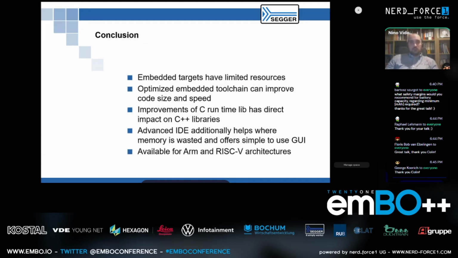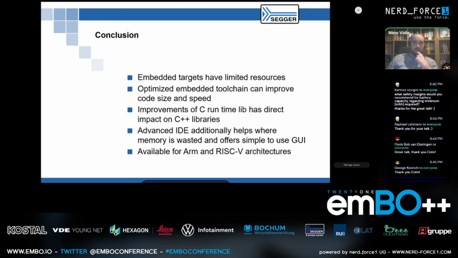So as we all know, every embedded target has some kind of limited resource, either its speed, memory, or all of the above. And we want to use this resource as efficiently as possible. And as tool providers, we have to make sure that we do a good job, so you can write even better code.